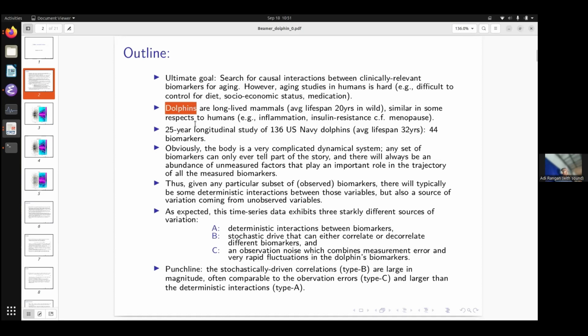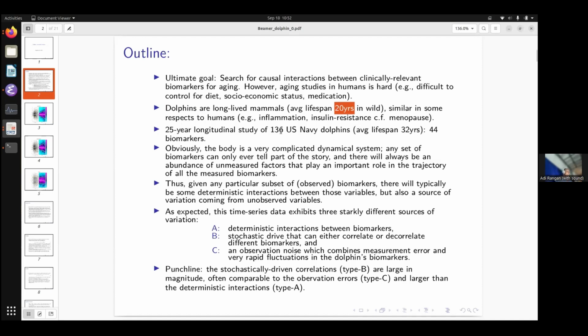I'm going to go out on a limb. I don't know for sure, but I'm pretty sure this is one of very few. There may be one or two studies like this in the whole world, which is a study of a long-lived mammal, in this case a dolphin, which is a longitudinal study involving many, many years of collecting biomarkers across many, many animals.